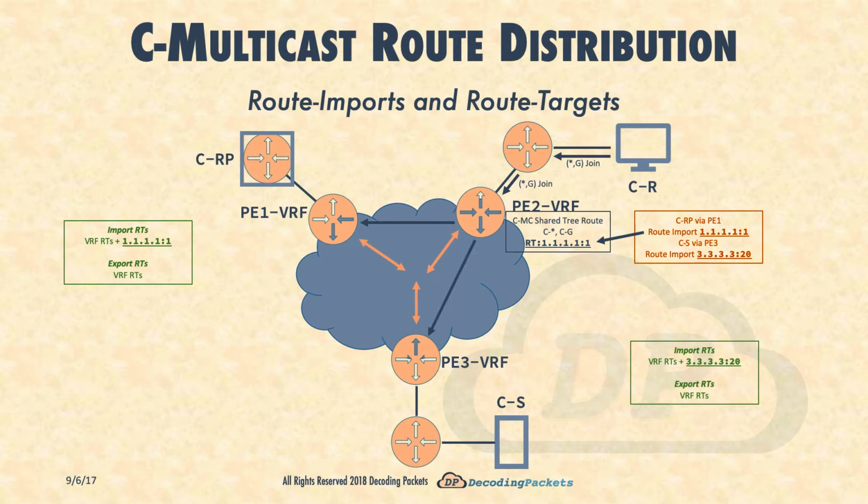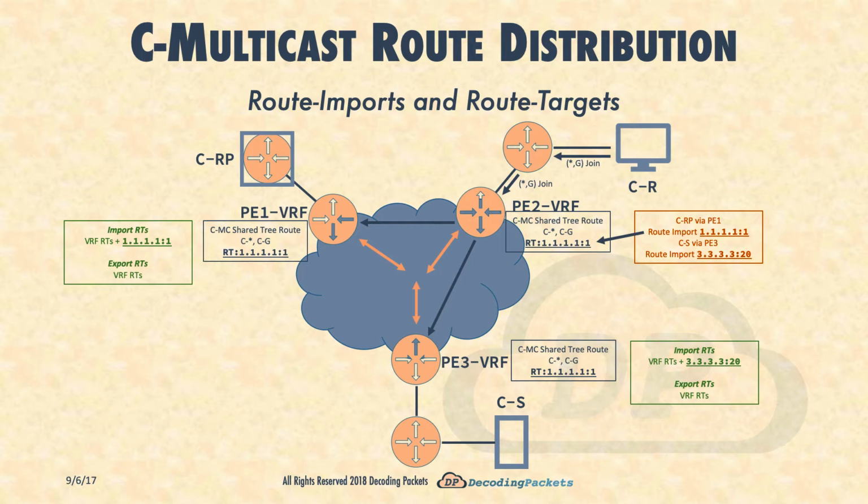At each of the peers, the route is processed like any layer 3 VPN route, in that the PEs are looking at the route targets and comparing them to the import list. You can already see what will happen here, can't you?